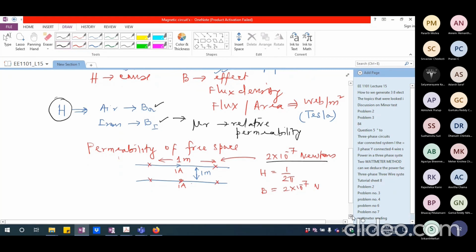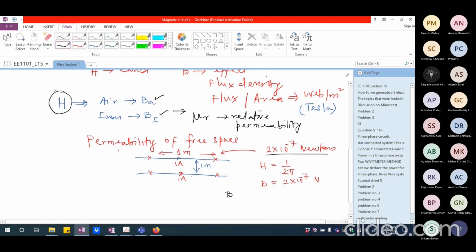So because of which we said, if I try to calculate what is B divided by H, which we specify as the permeability, and we were talking about the two conductors being placed in vacuum or air. So this is going to give us 4 pi multiplied by 10 power minus 7.